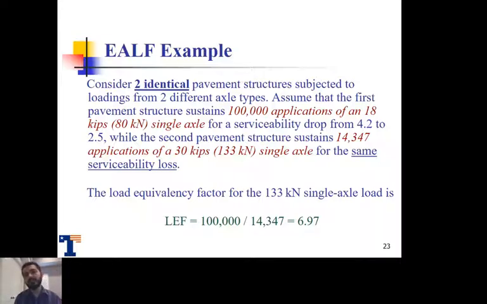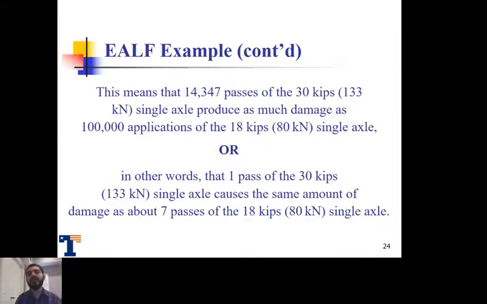What does this number really mean? It means that the 14,347 passes of the 30 kips will produce the same amount of damage as 100,000 applications or repetitions of the 18 kip single axle.